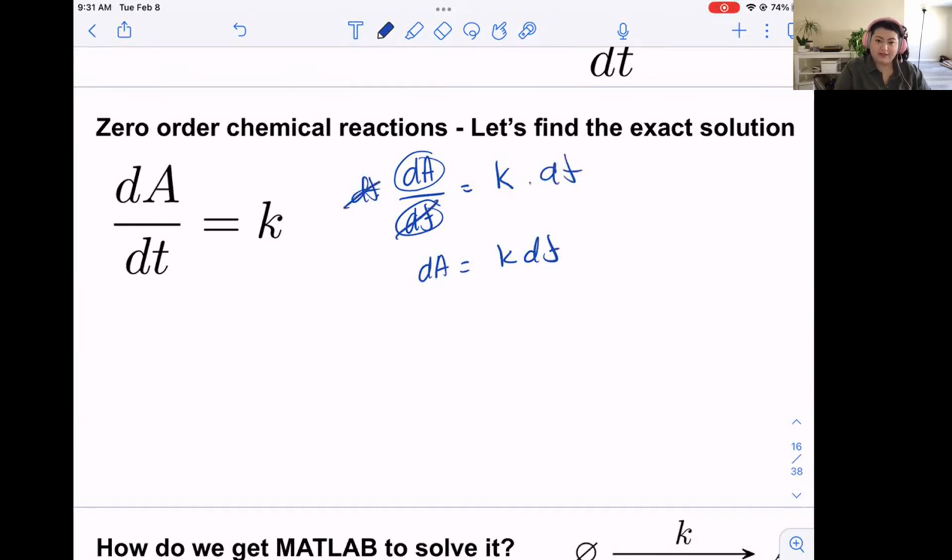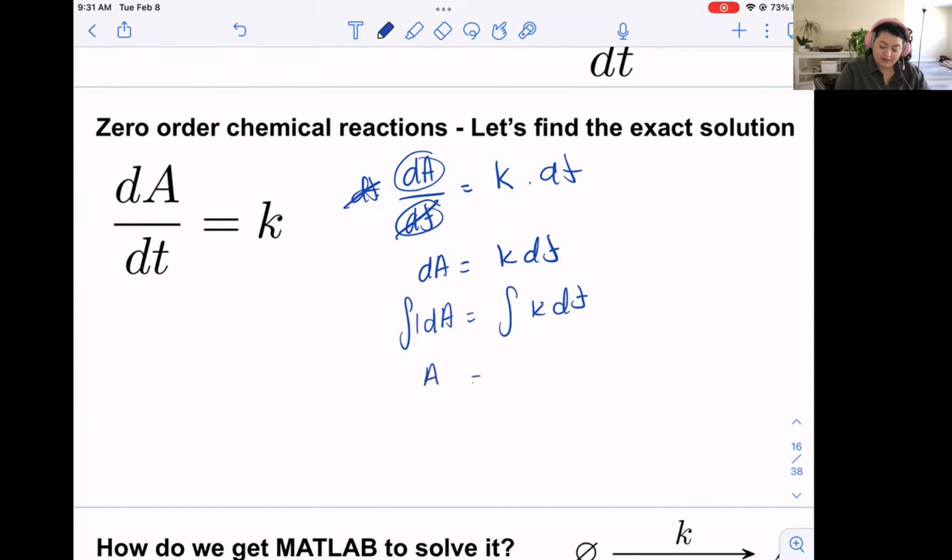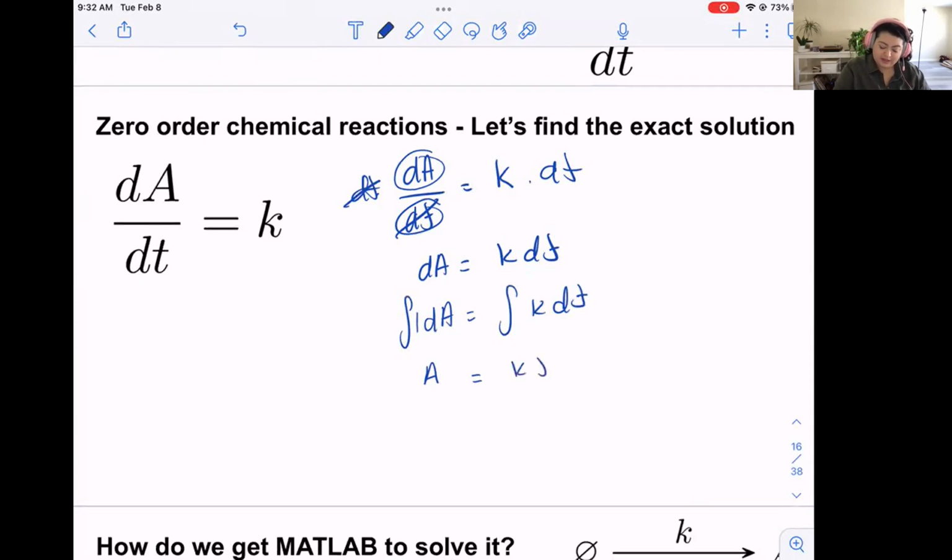Whenever you see differentials like that, they are begging to be integrated, so we are going to integrate both sides. On the left-hand side, the integral of 1 with respect to A is just A. And on the right-hand side, the integral of K with respect to t is Kt plus C.